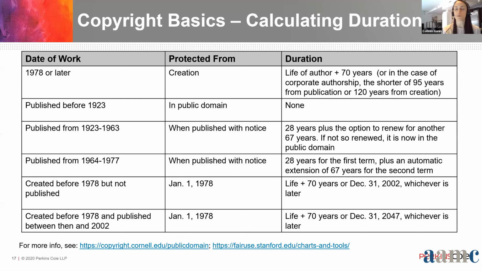Other factors that will impact the calculation of the duration are whether it was created by an individual or a business, i.e. a work for hire, or if certain forms of copyrighted works also have unique copyright duration calculation issues. As you can see by this chart, calculating copyright duration is very complicated.